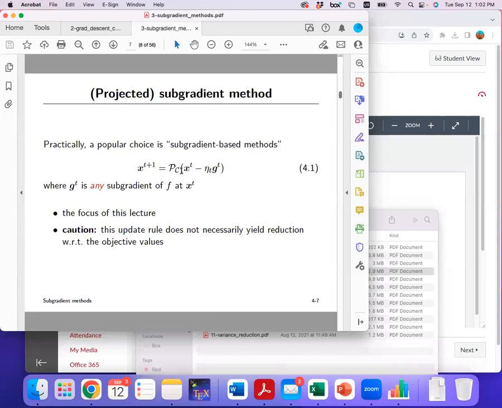Basically, the update rule looks exactly the same as projective gradient descent, except that this update g_t is now a subgradient of the function. But in the projective gradient descent, g_t is the gradient, and that only happens when the function is differentiable. So we will spend some time on introducing this subgradient concept for non-differentiable functions.